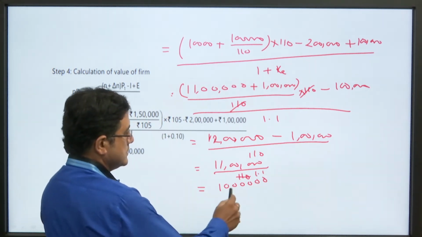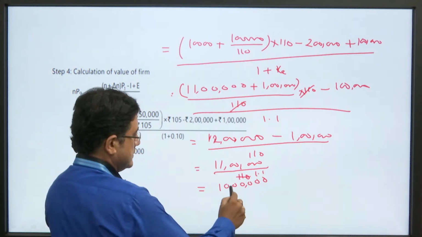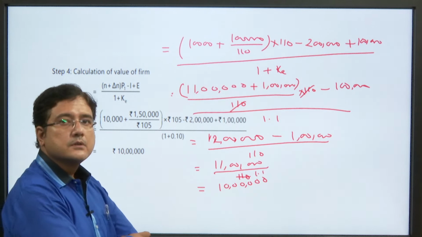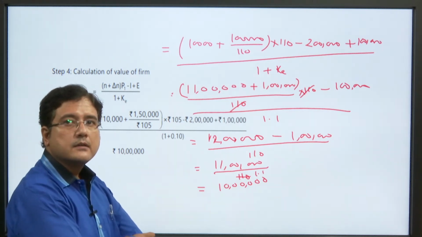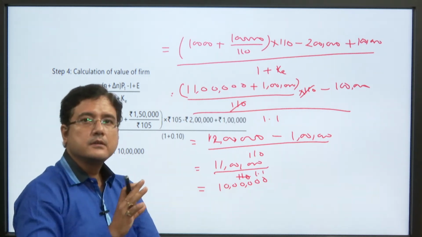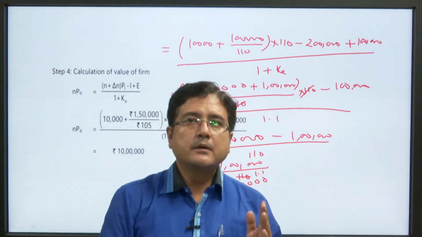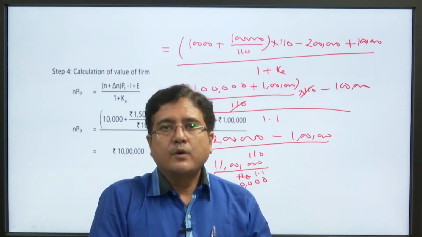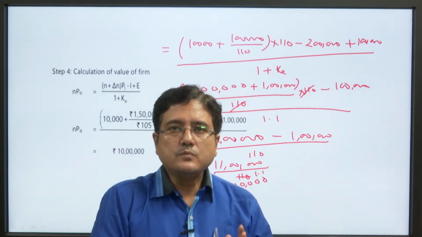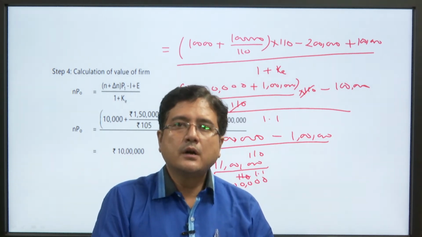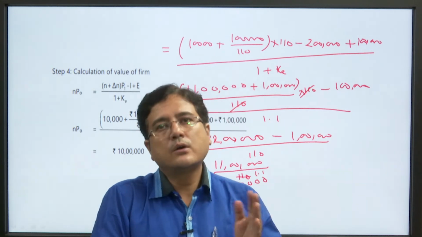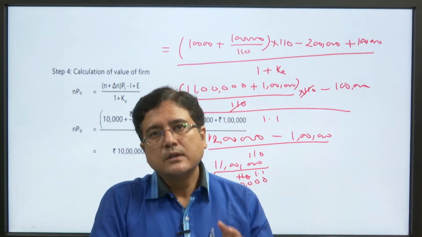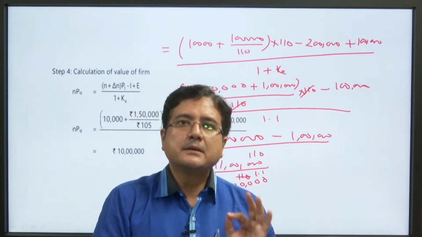So, this equals this. This means 10 lakhs. So, here I proved the hypothesis theory with the help of a case where a company issued a share, the dividend or not. Whether the company issued a dividend or not, the value of the firm remains the same, 10 lakhs.